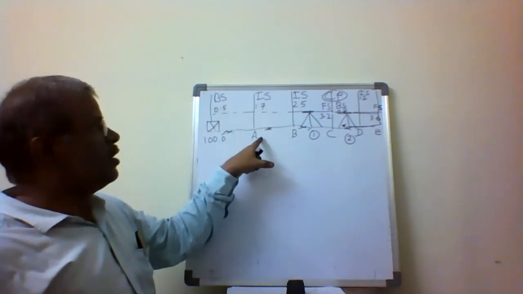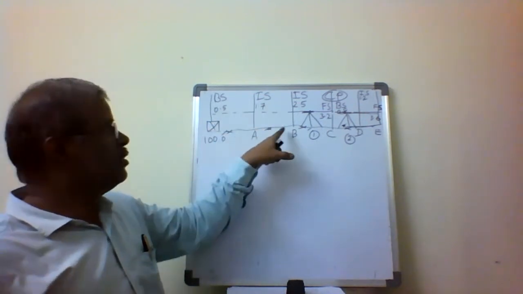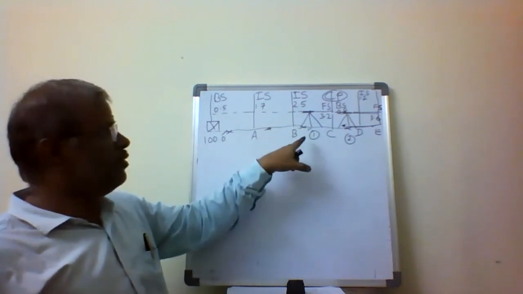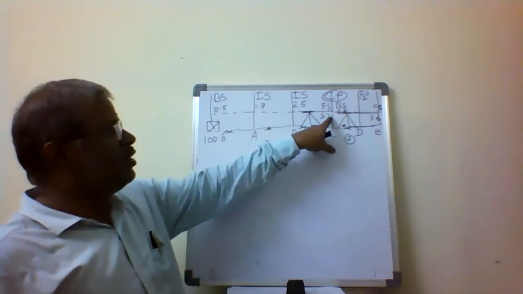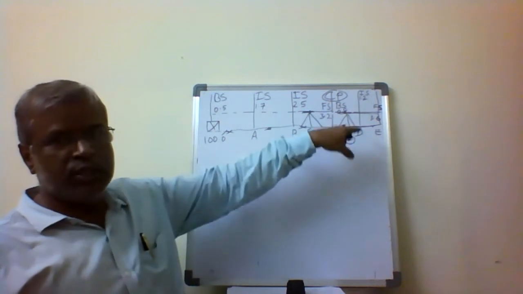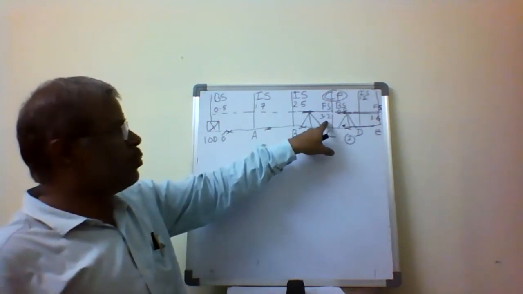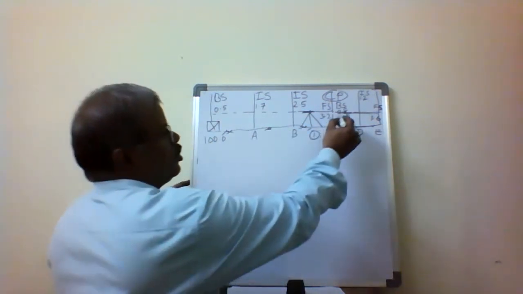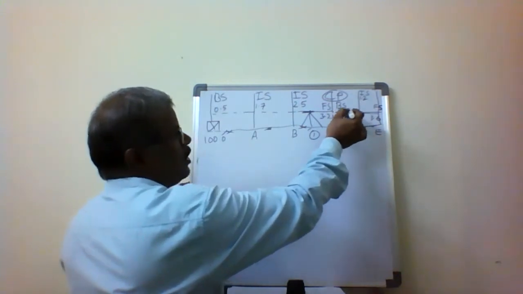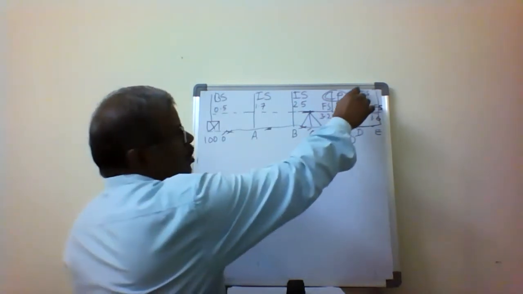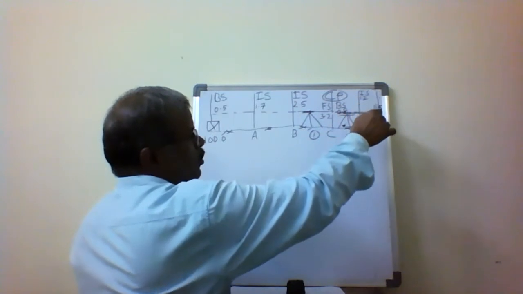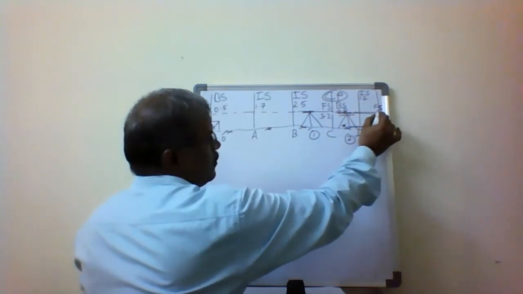Intermediate sight readings are 1.7 at point A and 2.5 at point B. At point C a foresight is taken, because the instrument is going to be shifted next, and it is 3.2. The next instrument is the second position, where I take the backside reading 0.8, the intermediate sight reading 1.2 and the foresight reading 3.6.